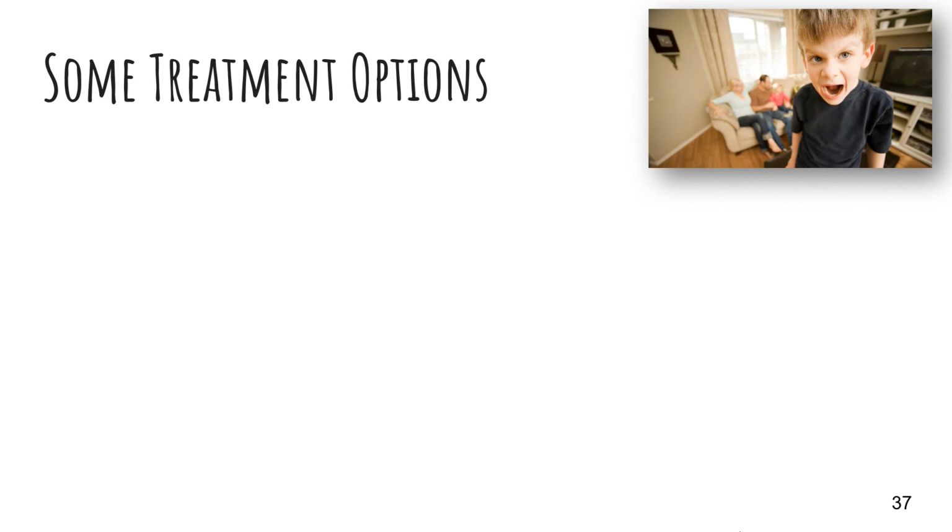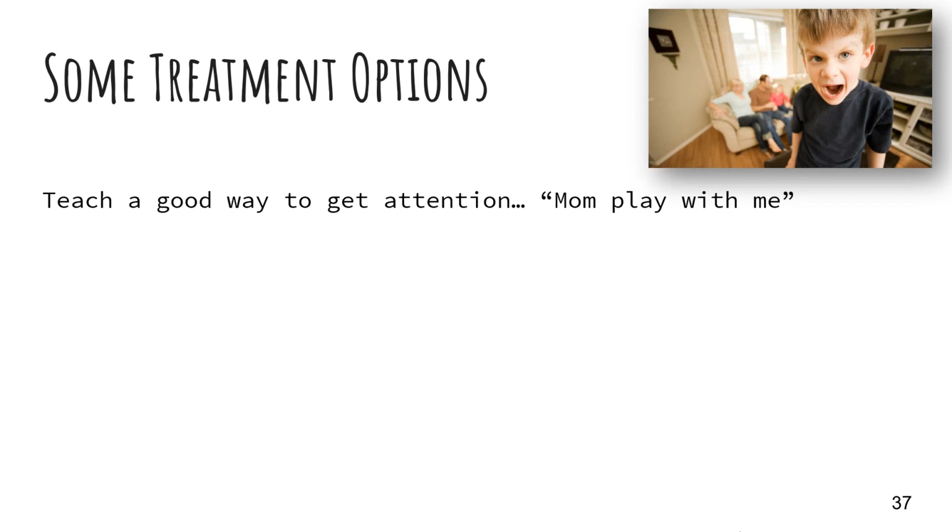What are some treatment options for attention-seeking behaviors? So again, this would be something that your supervisor would put together. They would determine the function is attention-seeking, and then these are some of the techniques that they might suggest. One of the main techniques is called functional communication training, and basically it's just teaching a way for the client to get attention that is appropriate.